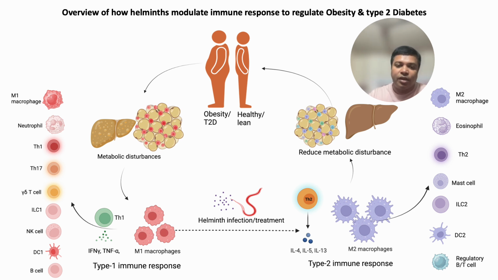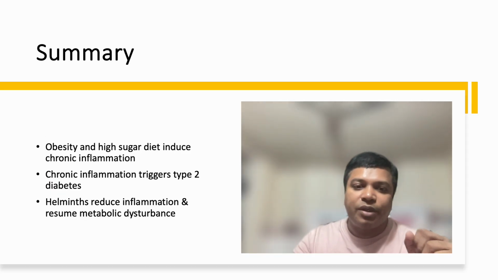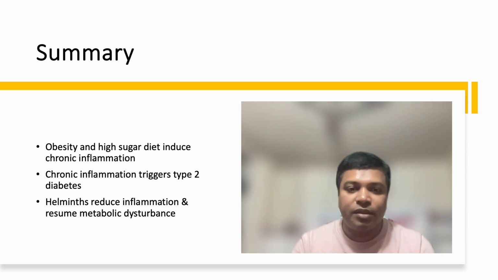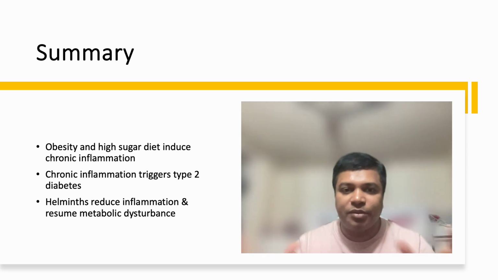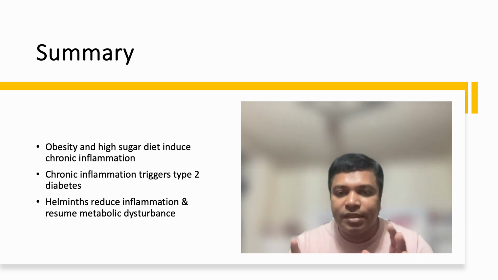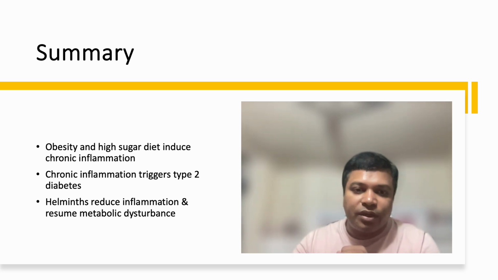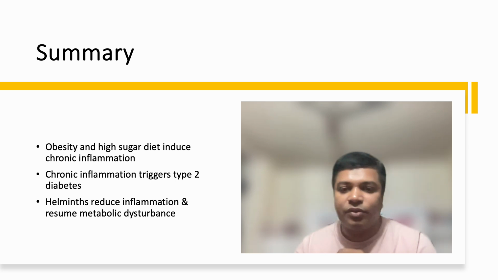So to summarize, obesity and a high sugar diet induce chronic inflammation that is characterized by different types of macrophages, type 1 T cells, and other immune cells causing this inflammation. This chronic inflammation also triggers type 2 diabetes, which is one of the biggest concerns in the world at the moment, especially in the developed world, because of excessive high calorie diet, excessive consumption of foods like KFC, Domino's or McDonald's.